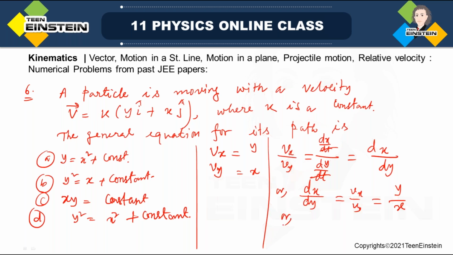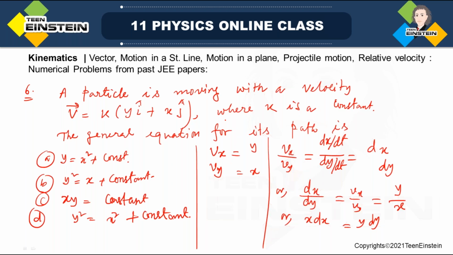Now from here, what we can write? x dx is equal to y dy. We can write this. Okay, let me just keep it here, otherwise you'll be getting confused. I'll repeat what I have done so far.